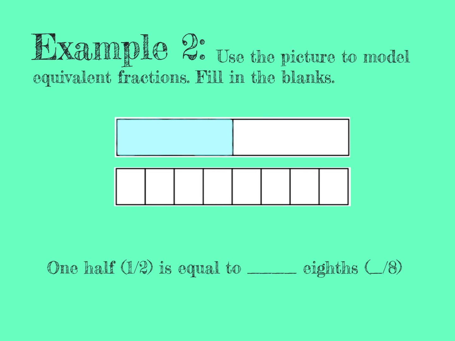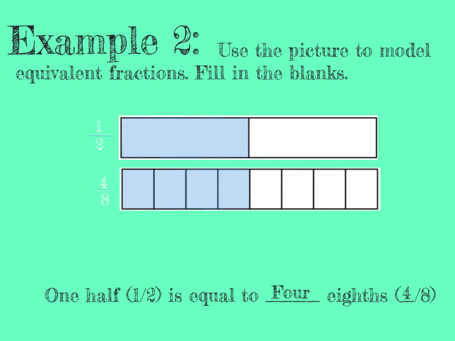So we're going to shade in 1, 2, 3, 4 equal parts out of the whole. Therefore, 1/2 is equal to 4/8, and this is because 1/2 is only split into 2 equal parts, when 4/8 is split into 8 equal parts, so the parts are smaller. So 1/2 is equal to 4/8.